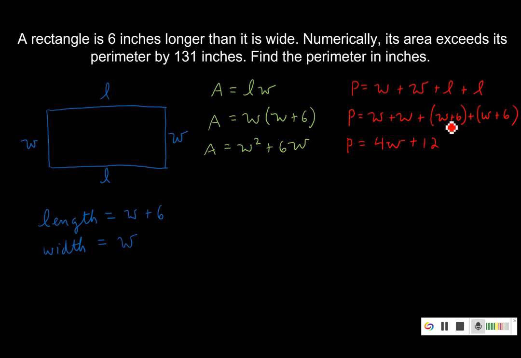So I would add to that W plus 6 plus W plus 6, because that would give me the sum of the two lengths of the rectangle. And then I simplify this expression by combining like terms. W plus W plus W plus W is 4W, and 6 plus 6 is 12. So the perimeter of this rectangle is represented by the expression 4W plus 12.